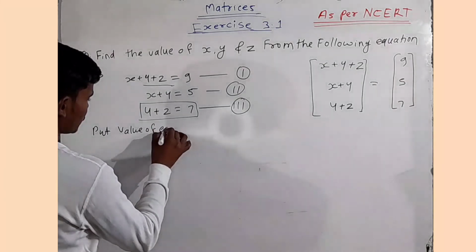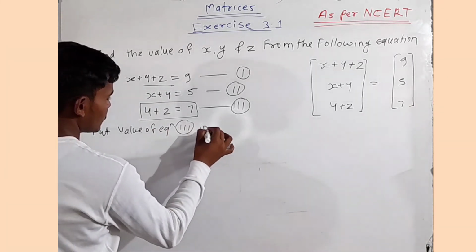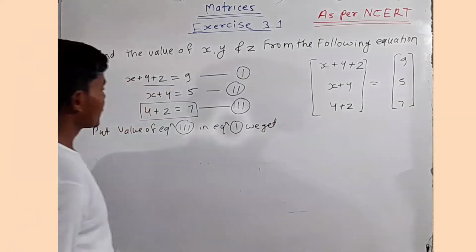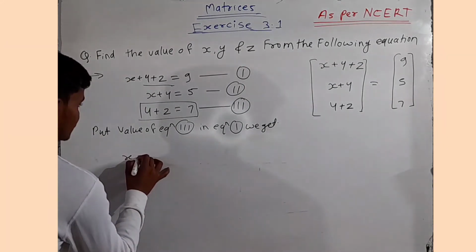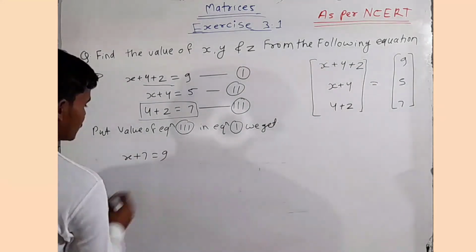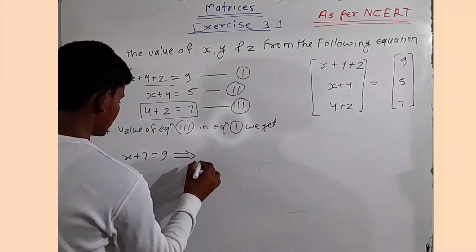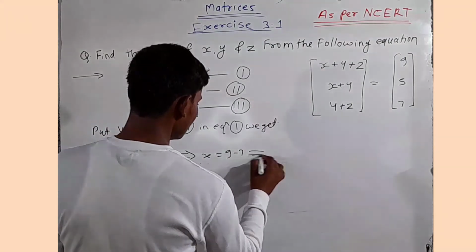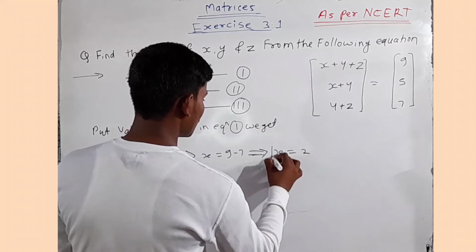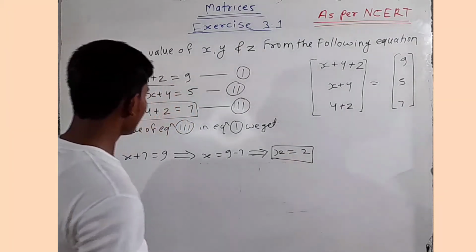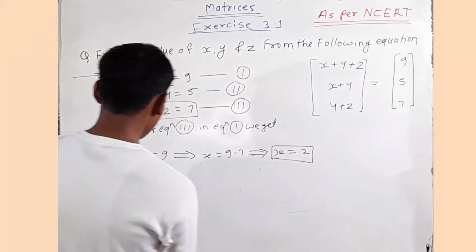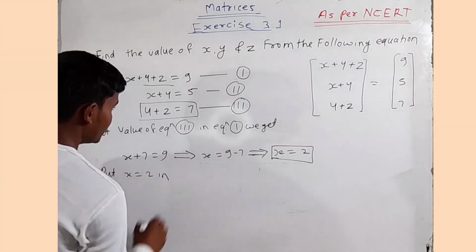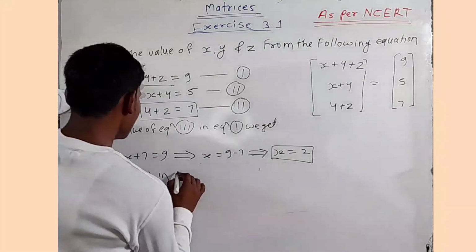Putting the value of equation 3 in equation first, we get x plus 7 equals 9, and on solving this, x equals 9 minus 7, which equals 2. Now we put x equals 2 in the second equation.